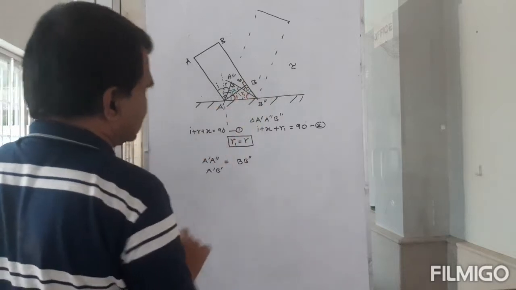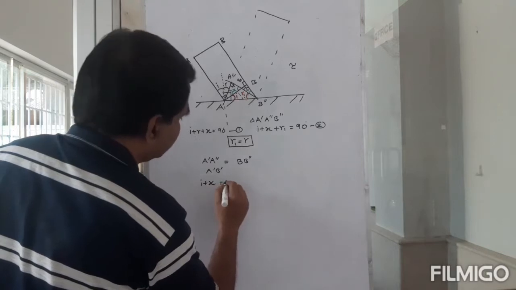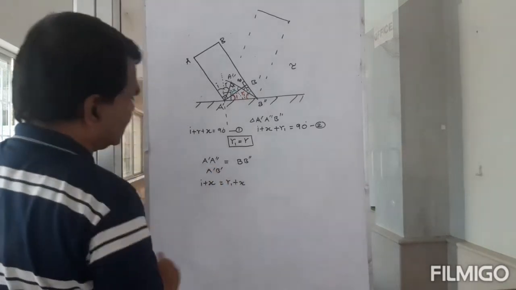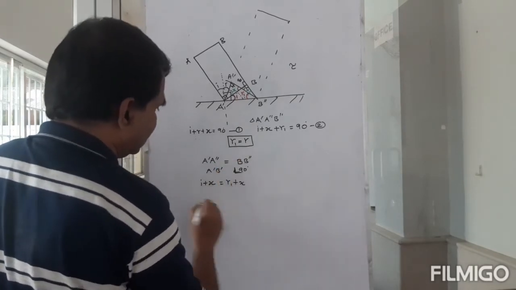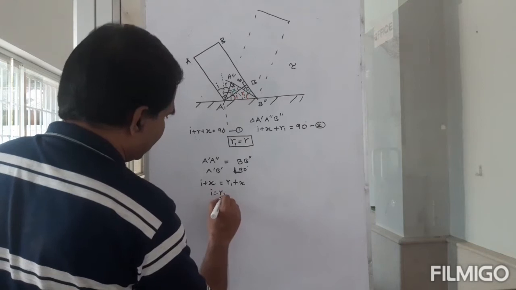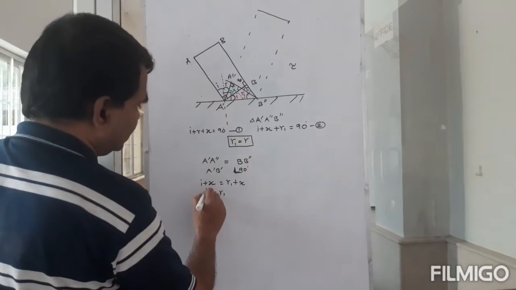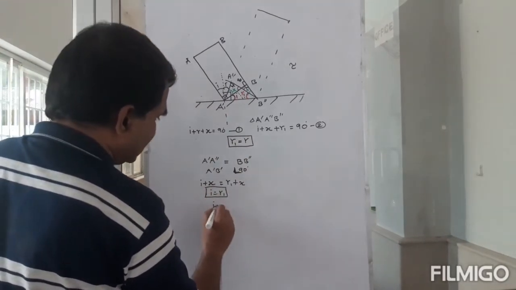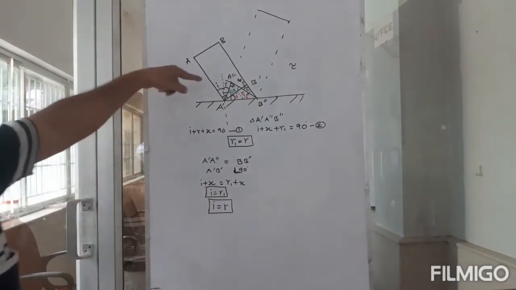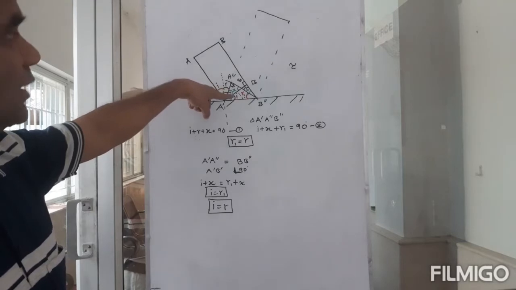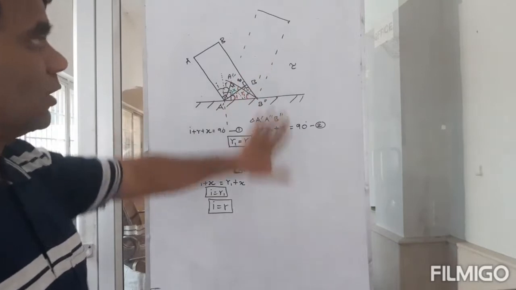This angle and this angle must be the same. So I plus X is equal to R1 plus X, and you also have 90 degrees there. Which means that I must be equal to R1. If I is equal to R1 and R1 is equal to R, then I must be equal to R. So the angle of incidence is equal to the angle of reflection, and this is the law of reflection.